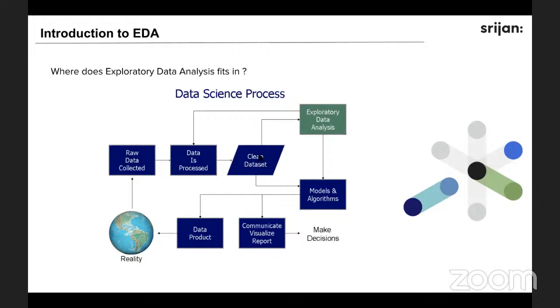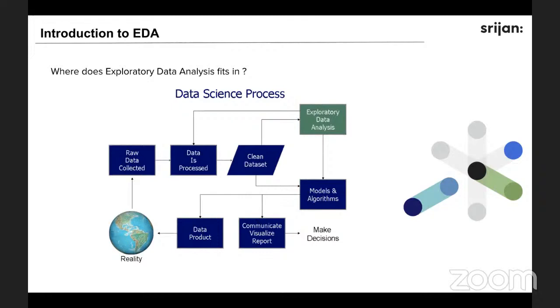Now, if you see this flow chart, once we have the results, and I would say insights, from the exploratory data analysis, only then can we go to this step: models and algorithms, then building a product out of our data, or communicating or visualizing reports or dashboards, and making decisions with those dashboards.